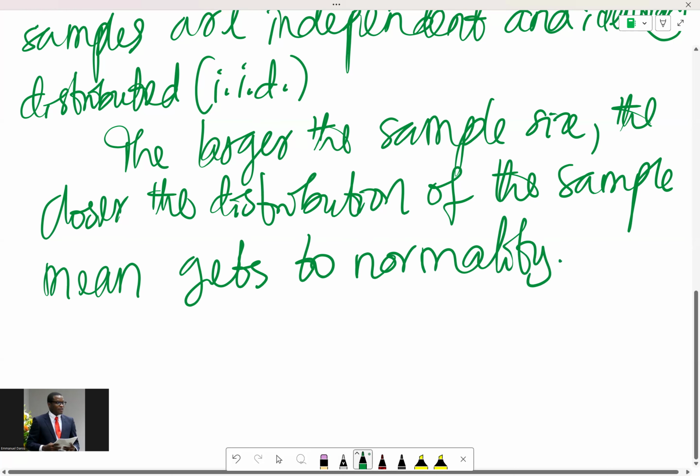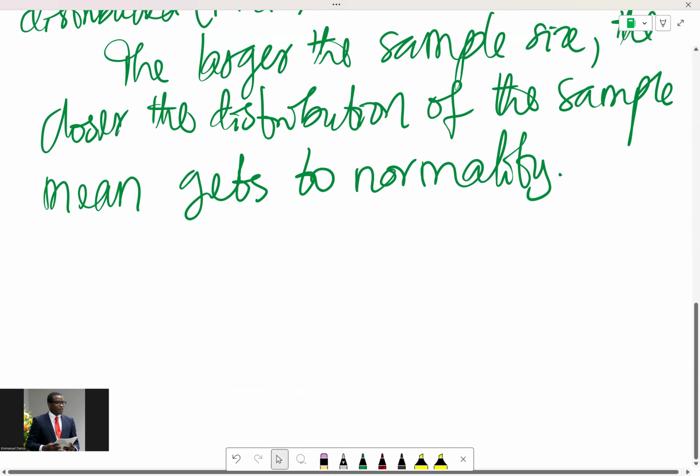I mean, this bears some kind of resemblance with the law of large numbers.